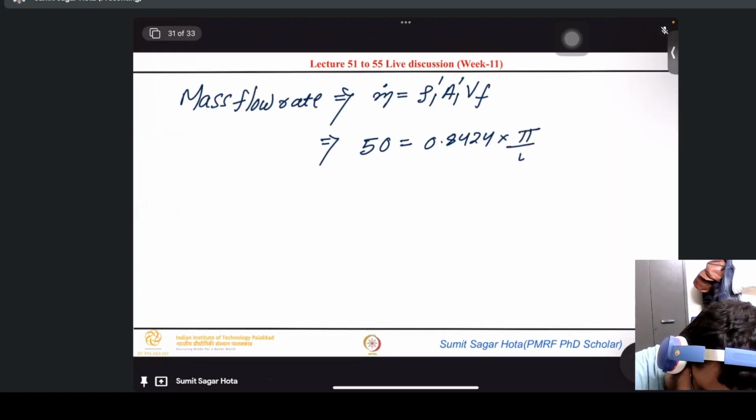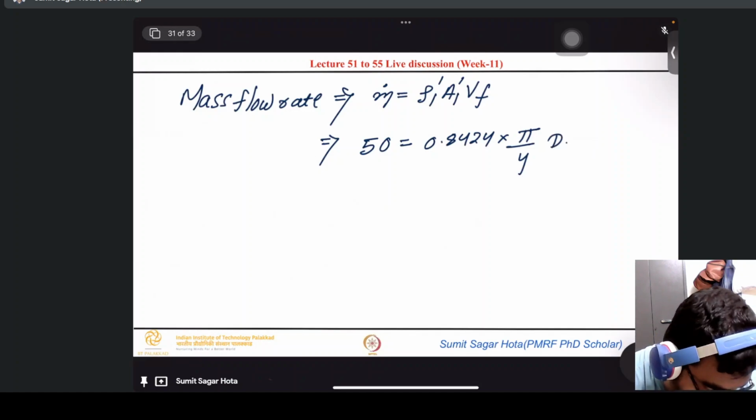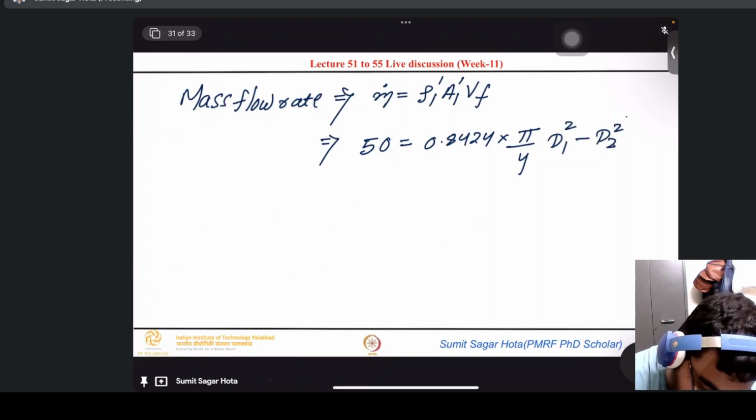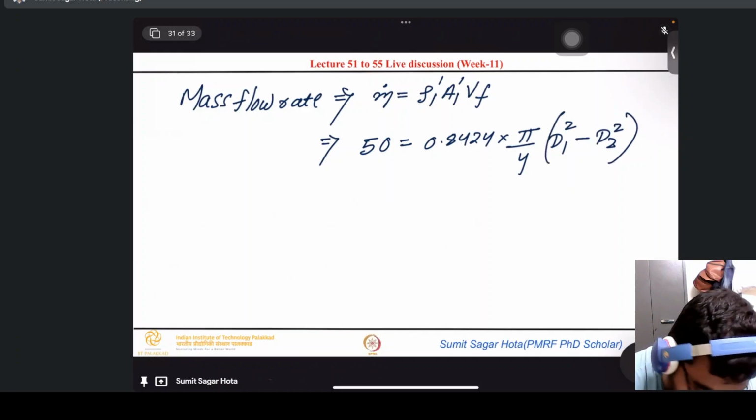Because it's a circular cross section, we take d1 squared as the initial one and the change is d2 squared, into BF.